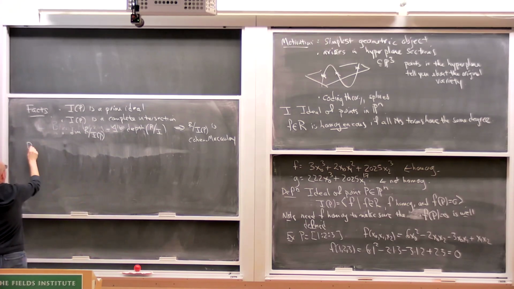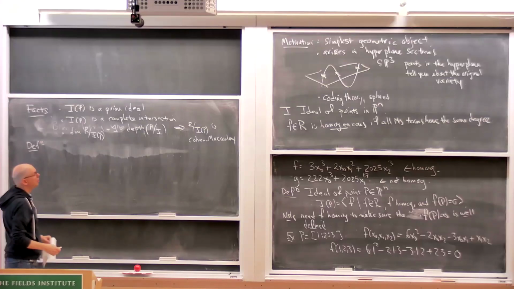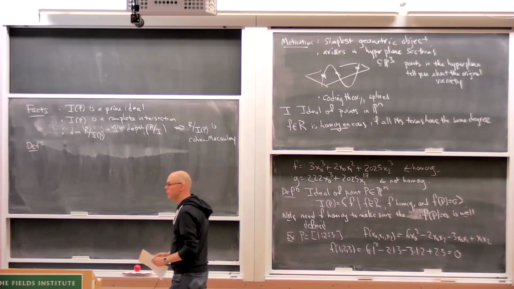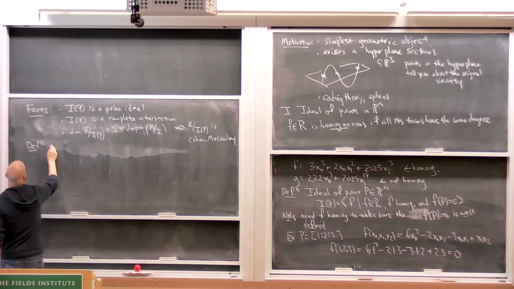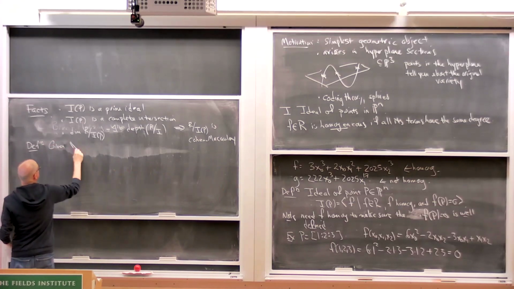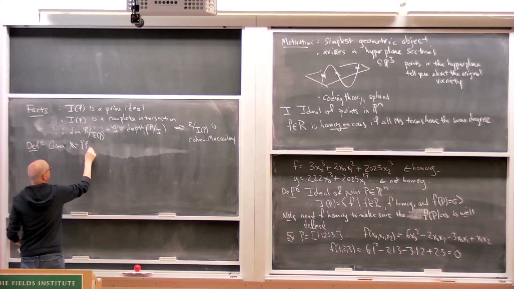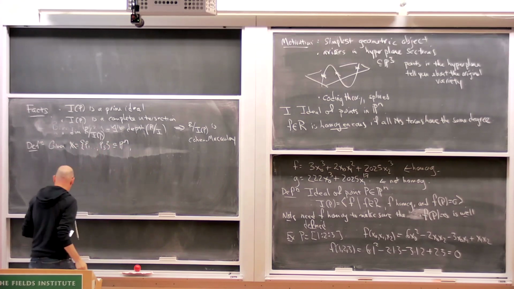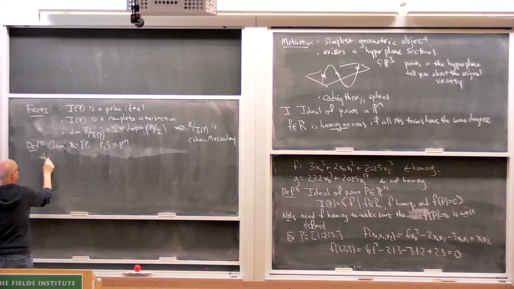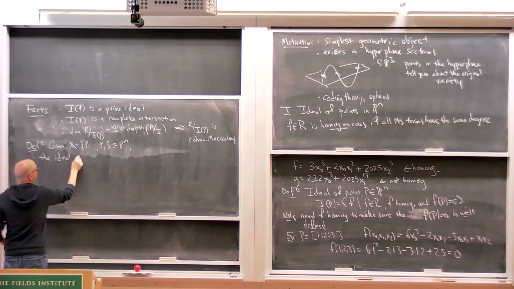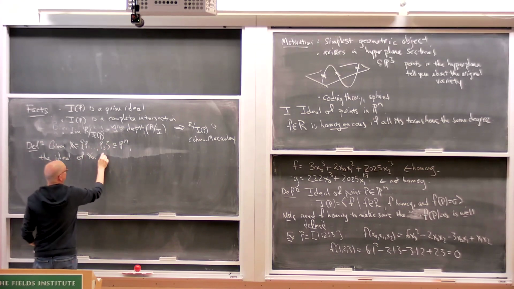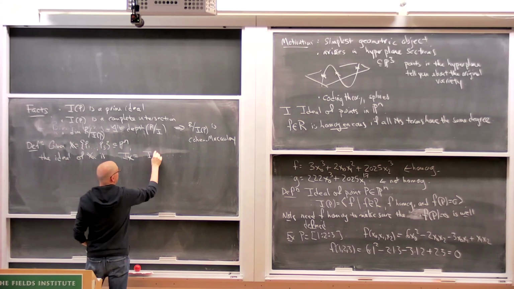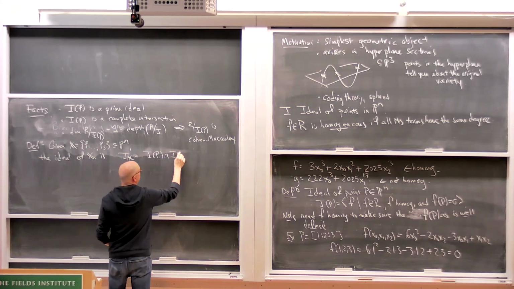But I'm interested in collections of points, so we want the ideal of points. Given a set of points P1 through Ps inside of Pn, the ideal of X is the ideal that you get by intersecting each of these homogeneous ideals.